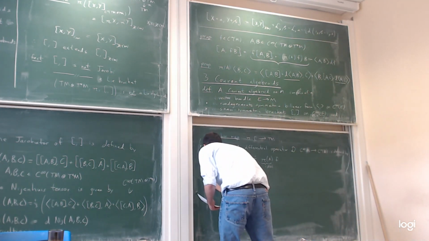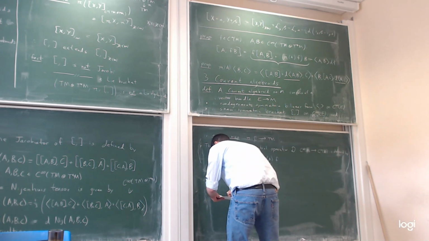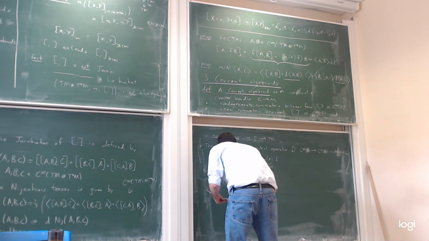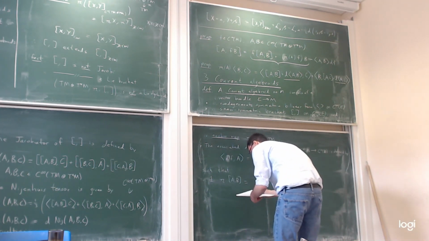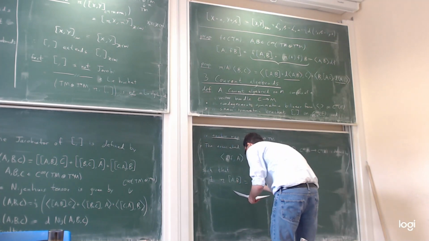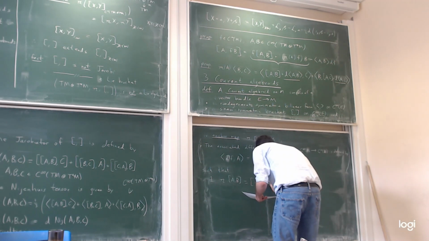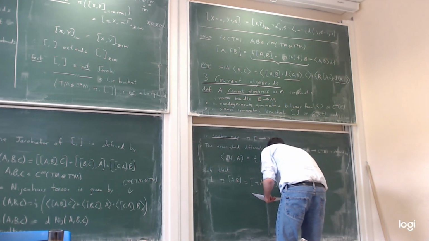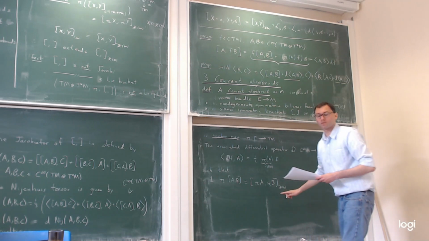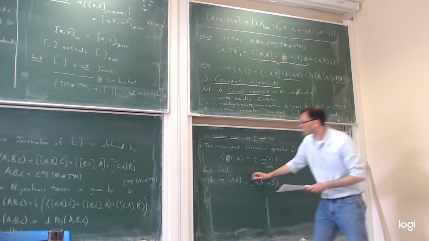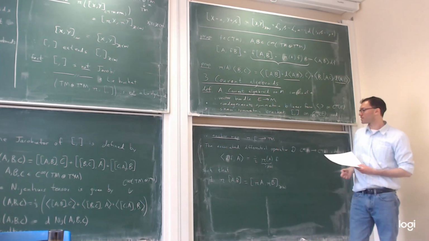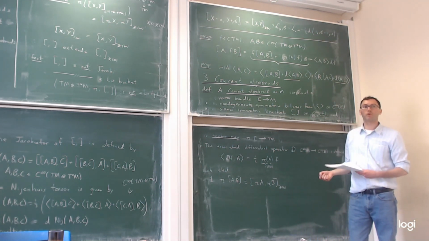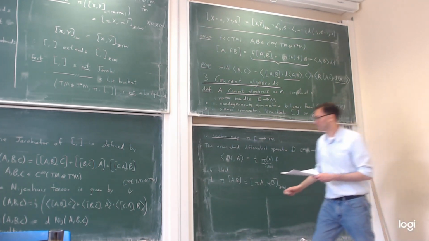So one, pi applied to the Courant bracket of A and B is equal to the bracket of pi A and pi B, in terms of vector fields. So this condition is pretty straightforward. This is just saying that the anchor map induces a bracket homomorphism on sections.